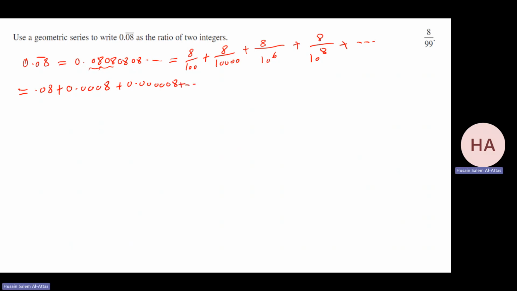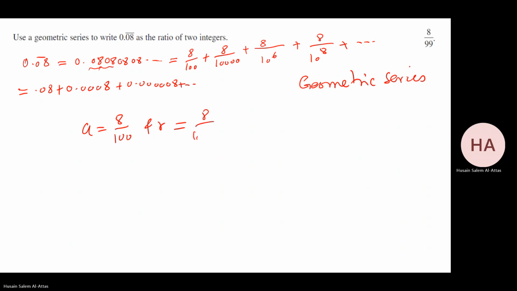Okay. Now, if you look at this, this one is a geometric series. Not only that, I have a is 8 over 100, and r is what?